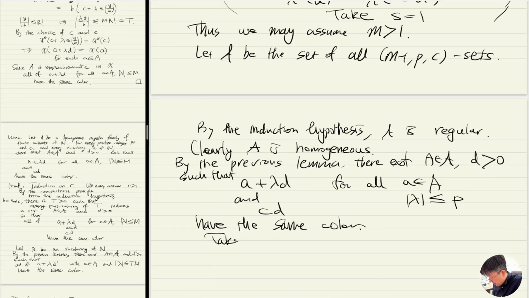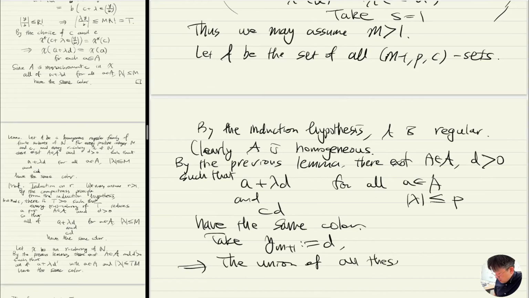Then we take y_{m+1} as d, right? So that means this. Then what we have is the union of all these numbers, which is clearly an mpc set, right?